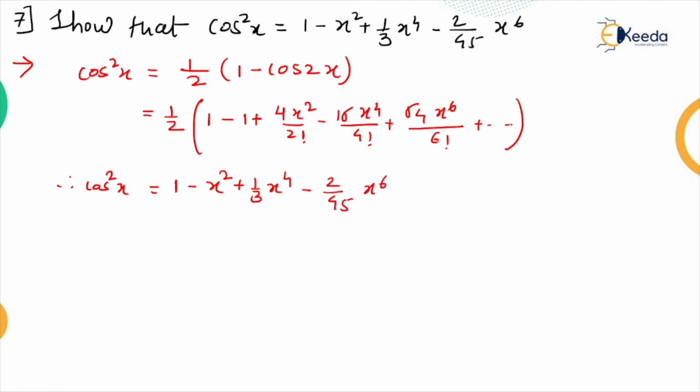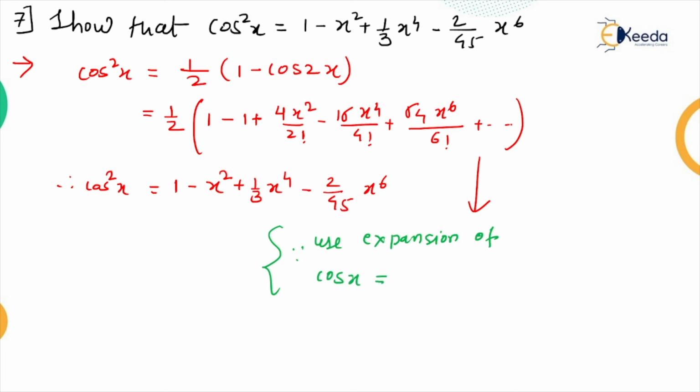After calculating the 6 factorial, meaning 6 into 5 into 4 into 3 into 2, in this way we get this step. For that result we have to use the expansion of cos of x.